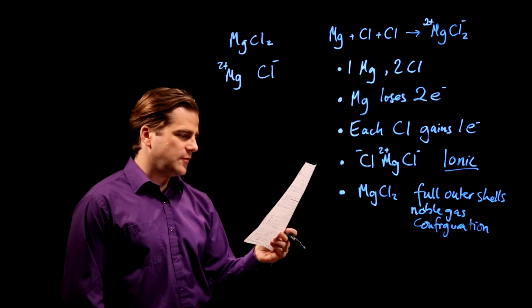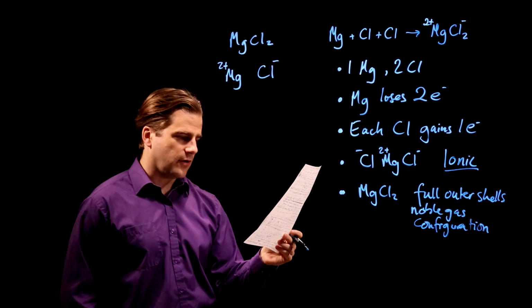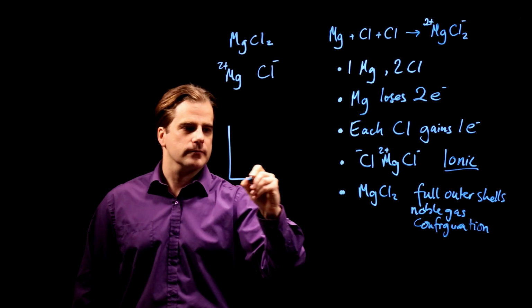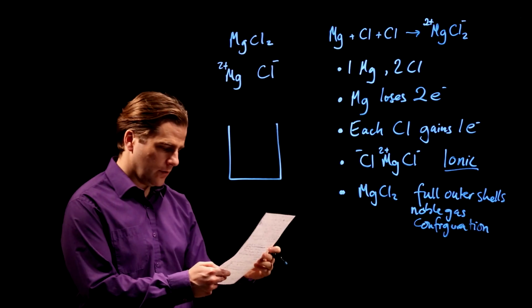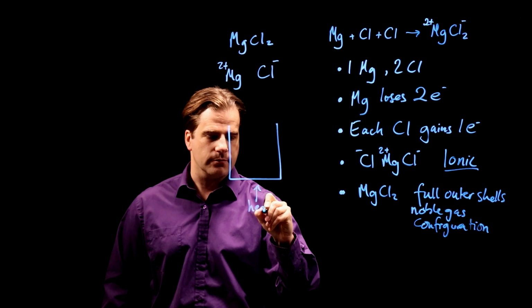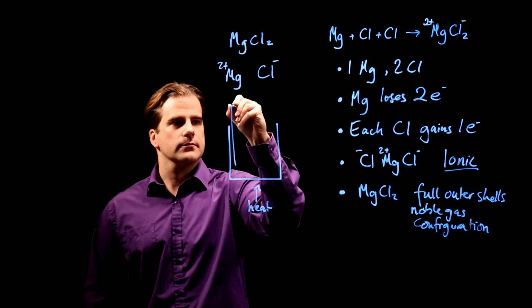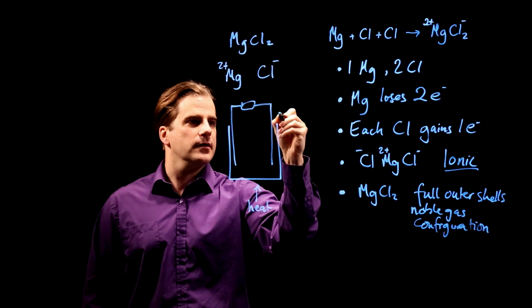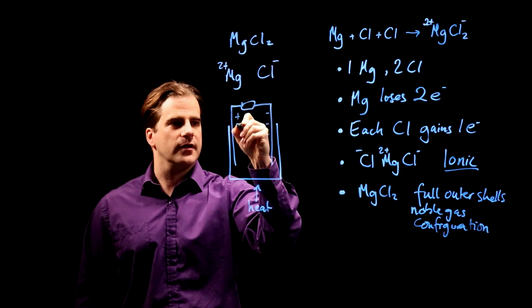Explain how magnesium is produced at the negative electrode. Right, and this is for experiment 1, which is the molten one. Okay, so we've got some power supply here, negative electrode here, positive here.